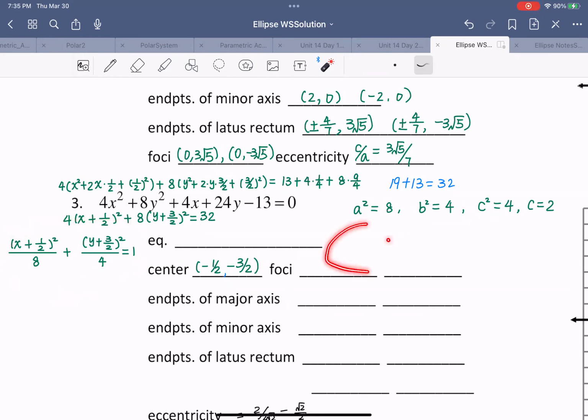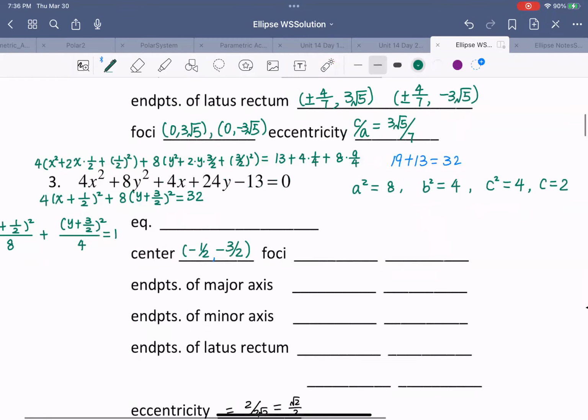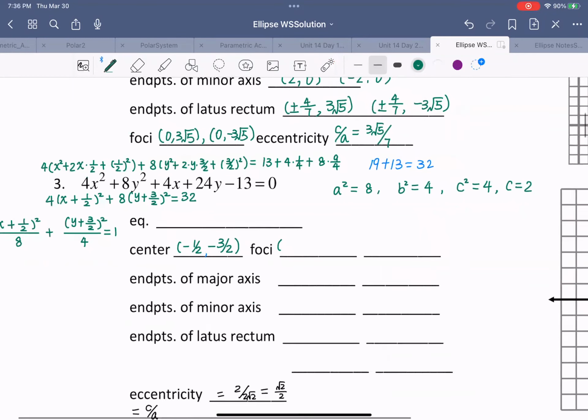So the foci is going to, starting from the center, move to the left, move to the right by C. Make sense? So foci is 2, 0, negative 2, oh, wait. This is not 0, 0 anymore. You will start from this, so you will do this guy minus 2, right? And then you will do this guy plus 2, right?